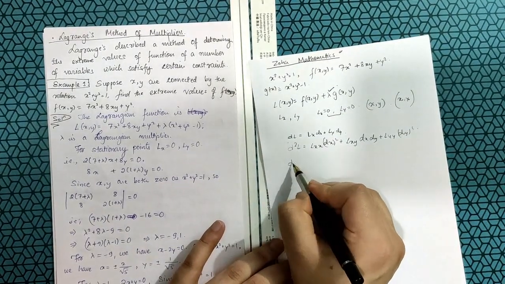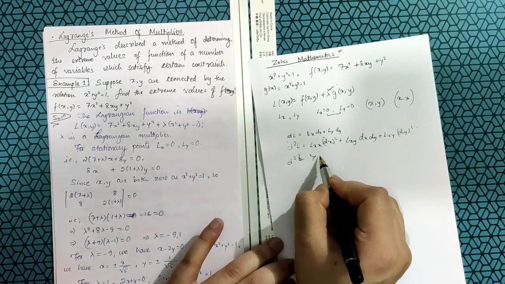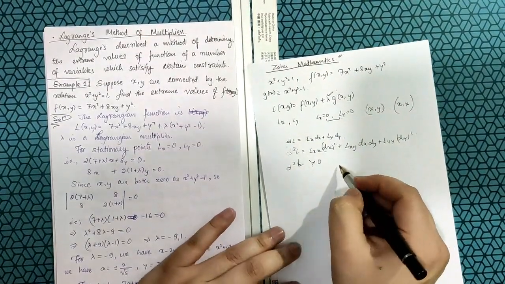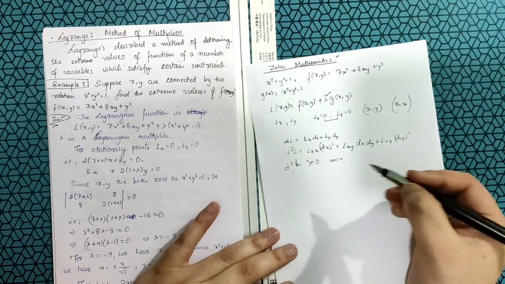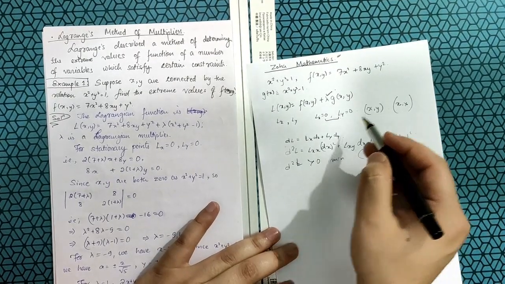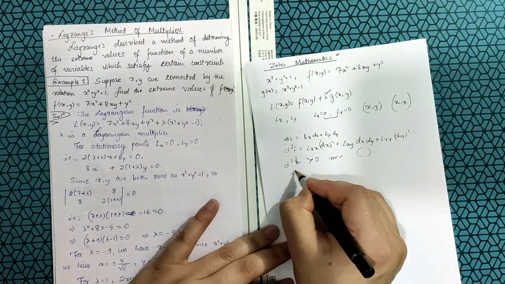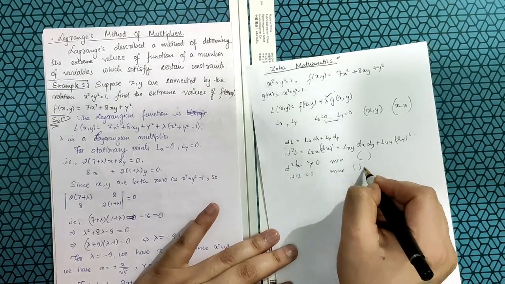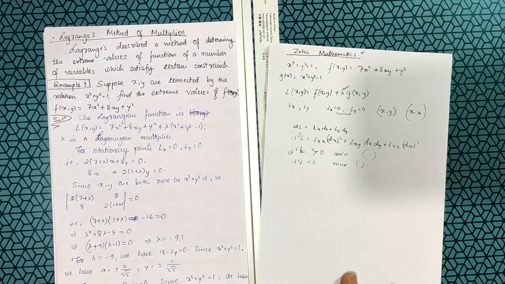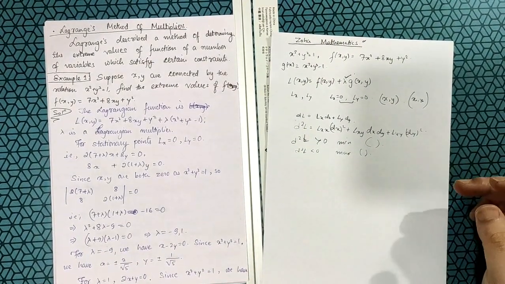We check for this. If this is greater than 0, then the minimum value is attained at that point, and if it is less than 0, then the maximum value is attained at that point. So this is the working formula of Lagrange's multiplier.